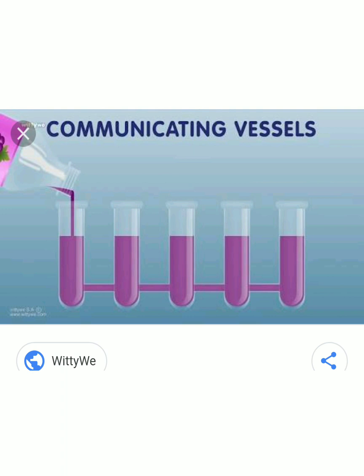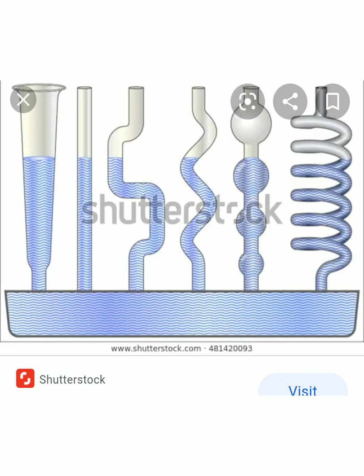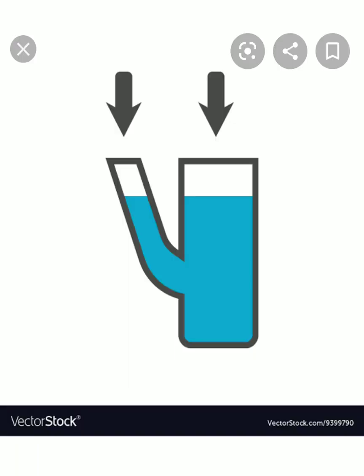Isn't it? That means water maintains its level. This is another property of water. When we connect 2 or more bottles with dissimilar shapes, the result is also the same.